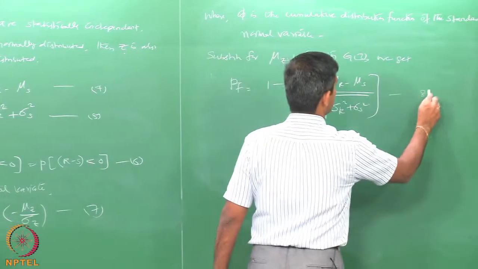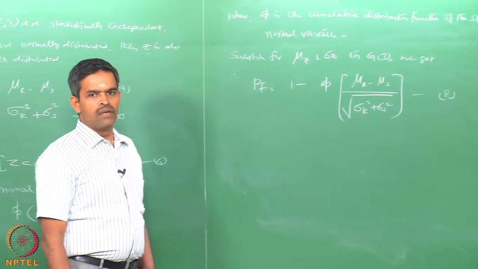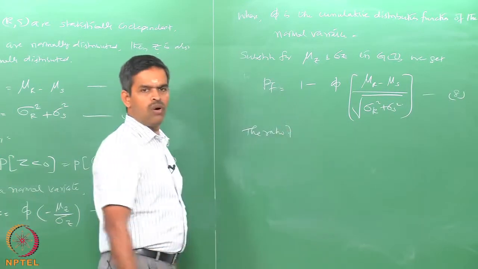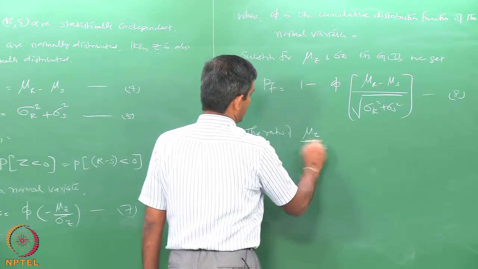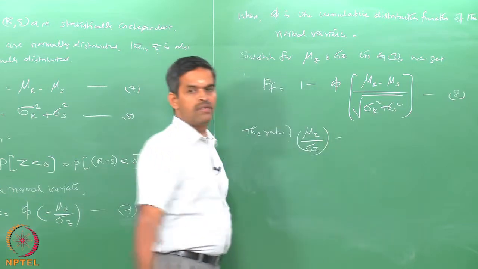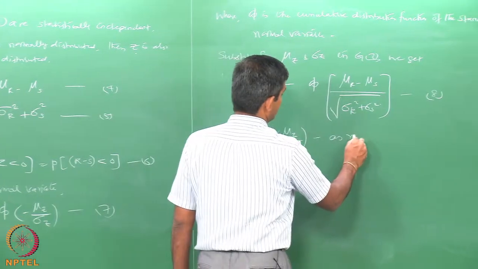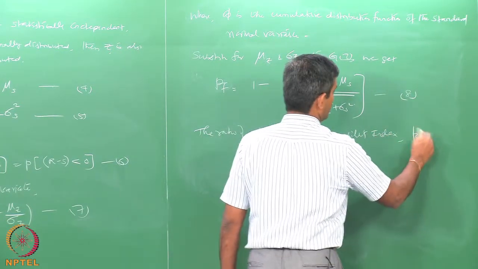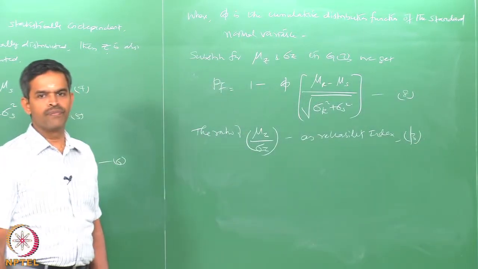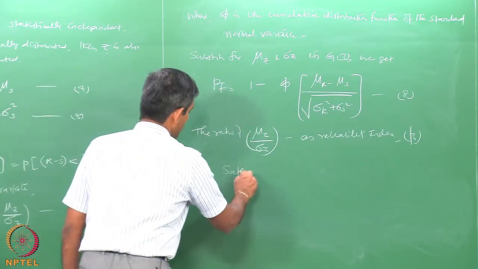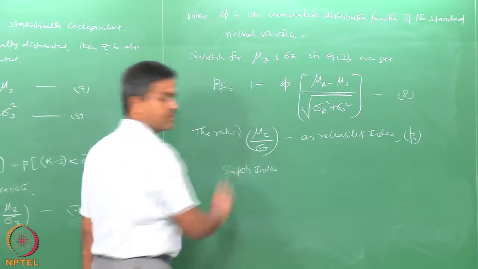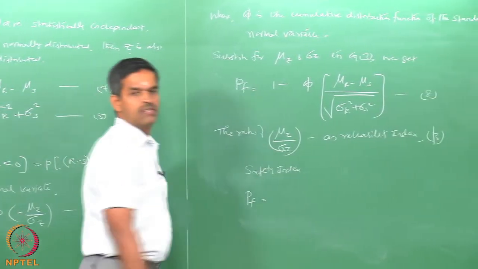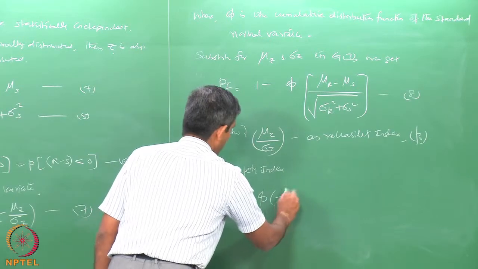Equation number 8. Now, in this equation, the ratio of mu Z by sigma Z is called the reliability index, indicated by beta, which is otherwise also called the safety index. In that case, the probability of failure is given by phi of minus beta.